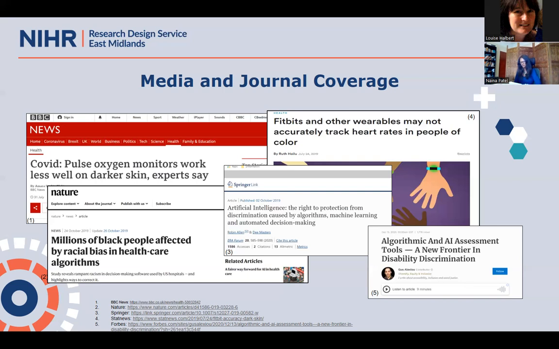When we talk about the algorithms, having a diverse range of PPI is a good starting point. It's not a panacea, but can assist with access to diverse perspectives in the development of a medical device and digital health technologies to ensure their relevance to a wider range of patients and the public.